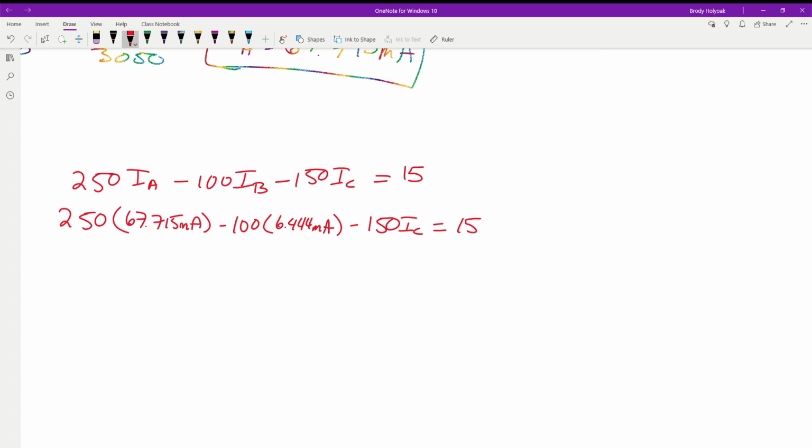So the 250 times the 67 milliamp one is 16.929 volts minus 644 millivolts minus the 150 IC equals 15. Oh yep, because I added one too many zeros on mine.